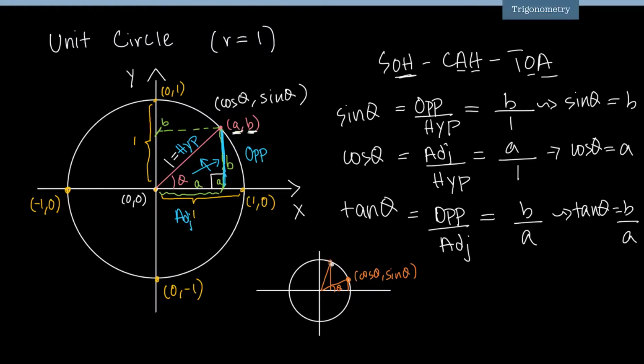Even then the point of intersection is going to be cosine theta, sine theta. And if I draw a triangle in the negative x-axis or in the negative y-axis, then these points are also going to be cosine theta, sine theta.